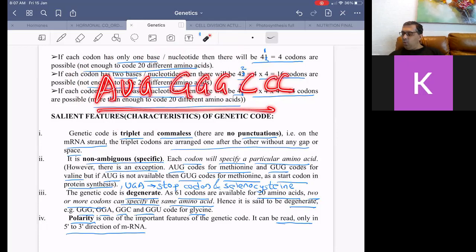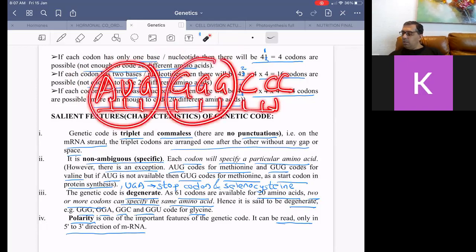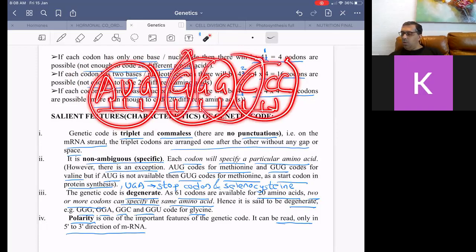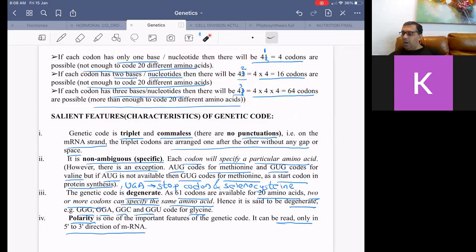It is read as AUG, GGG, CCC: first one, second one, third one. Skipping is not allowed. It cannot be AUG, GGC. That is not allowed. And as a matter of fact, sharing of a nucleotide is also not allowed.